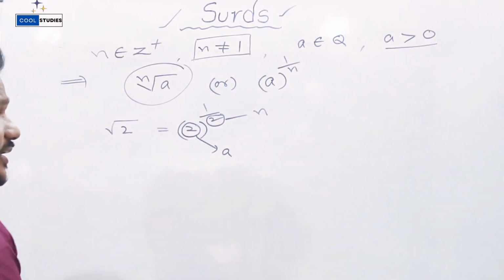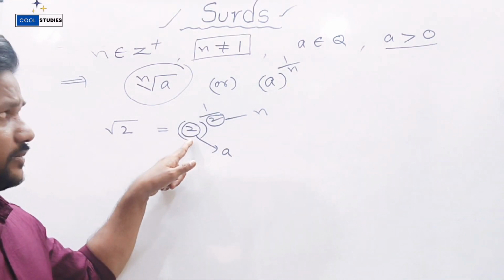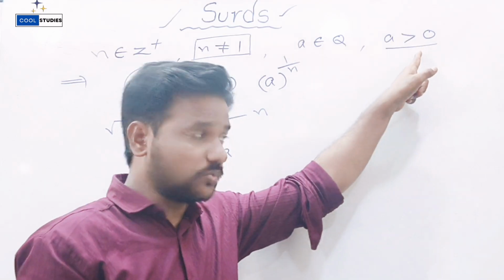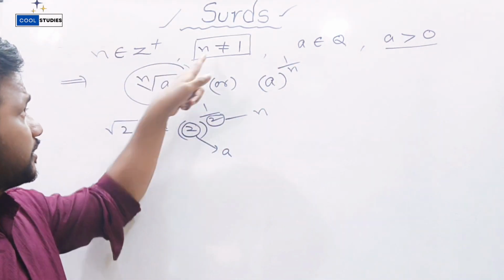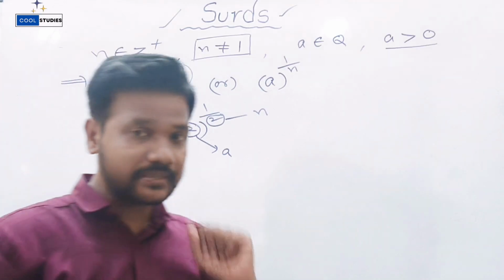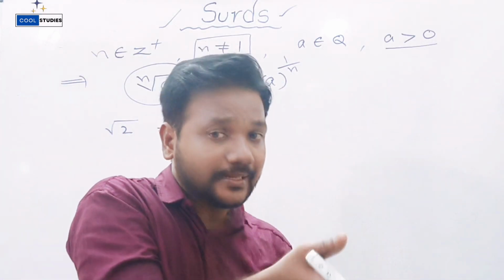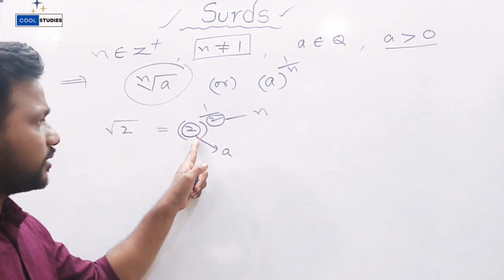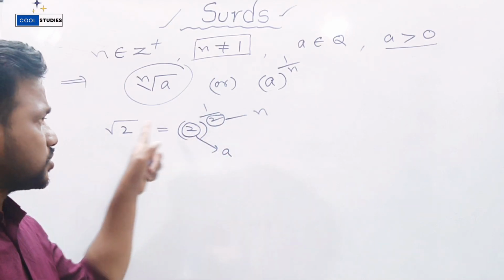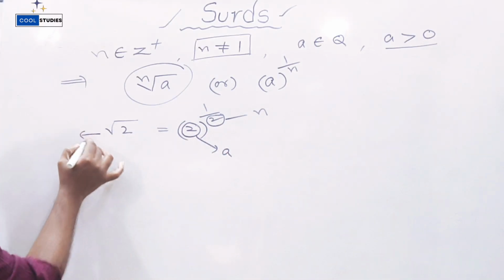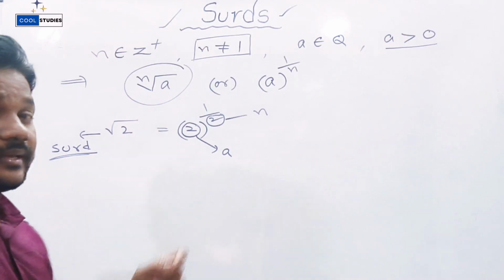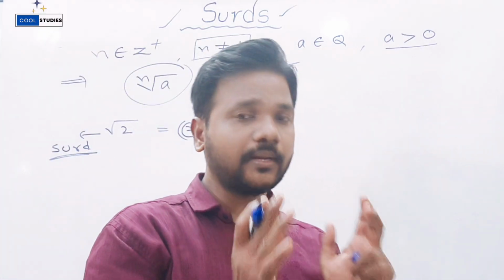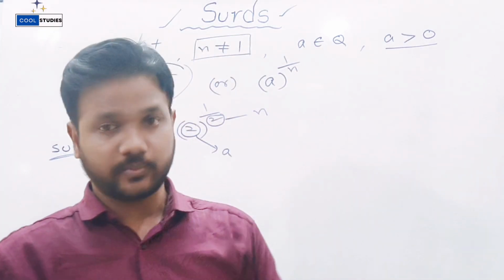The conditions are satisfied: a is a rational number, a is greater than 0, and 2 is a positive integer not equal to 1. Both conditions are satisfied and it is written in the form a to the power 1 by n. So these numbers are called a surd. ఇటువంటి numbers ని మనం surd అని చెప్పవచ్చు.